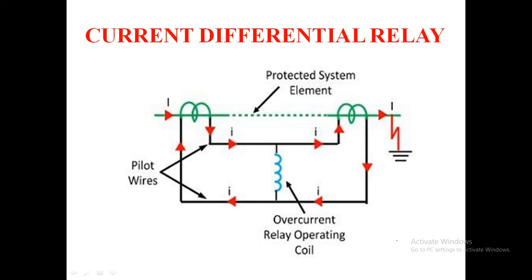A pair of identical current transformers is fitted at either end of the section to be protected, and the secondaries of the current transformers are connected in series and carry the induced current in the same direction. The operating coil of the overcurrent relay is connected across the secondary circuit of the current transformers.